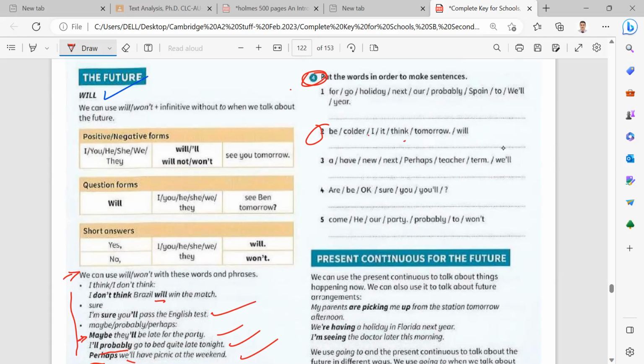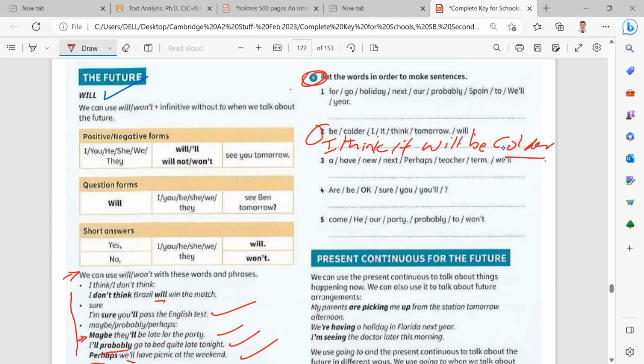So I think it will be colder tomorrow. يعني نقول I think أعتقد رأيي أتوقع I think it will be colder tomorrow. I think it will be colder tomorrow. Okay, Sarah?